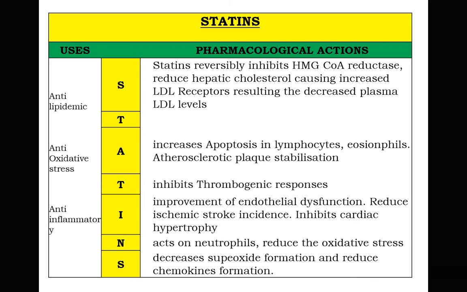So oxidative stress needs to be inhibited by antioxidants like citrus and so on. Then the last letter, S, decreases superoxide formation and reduces chemokine formation. Therapeutically, statins are used in the treatment of hyperlipidemia, against oxidative stress, and as an anti-inflammatory agent.